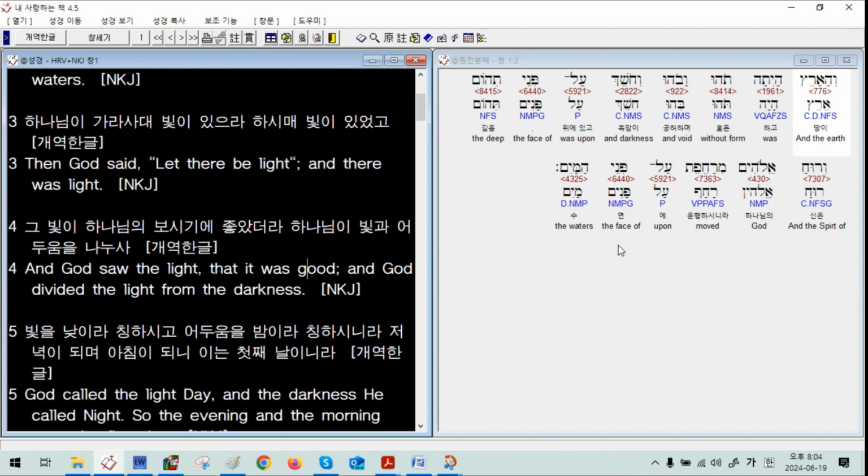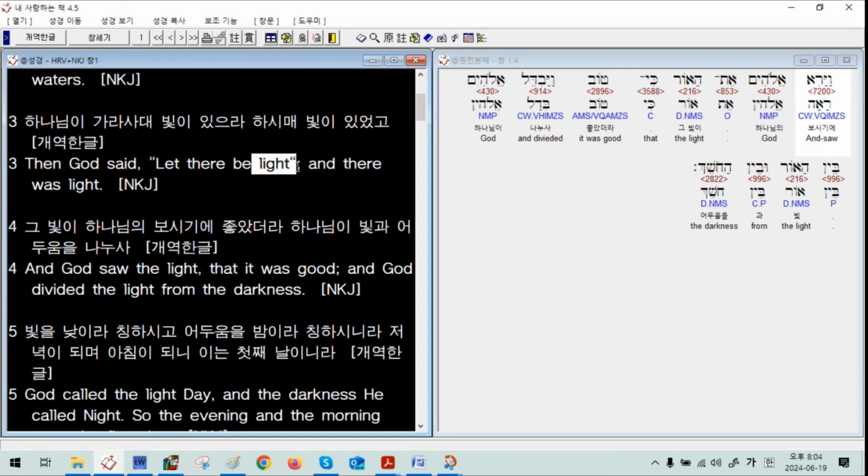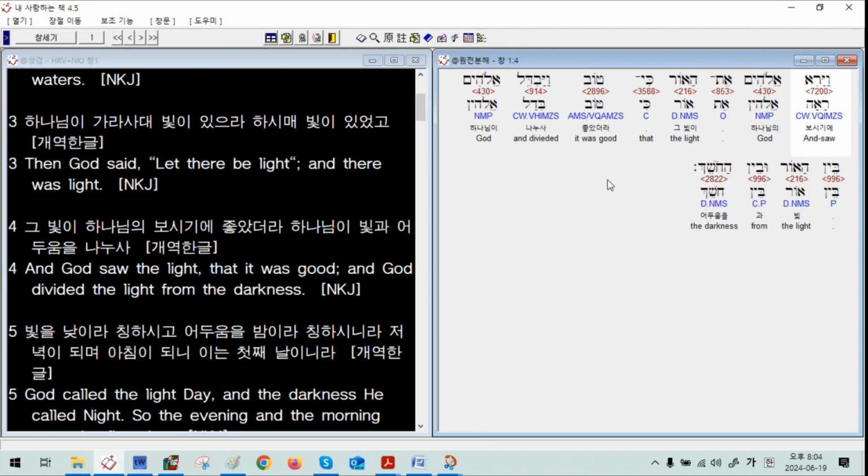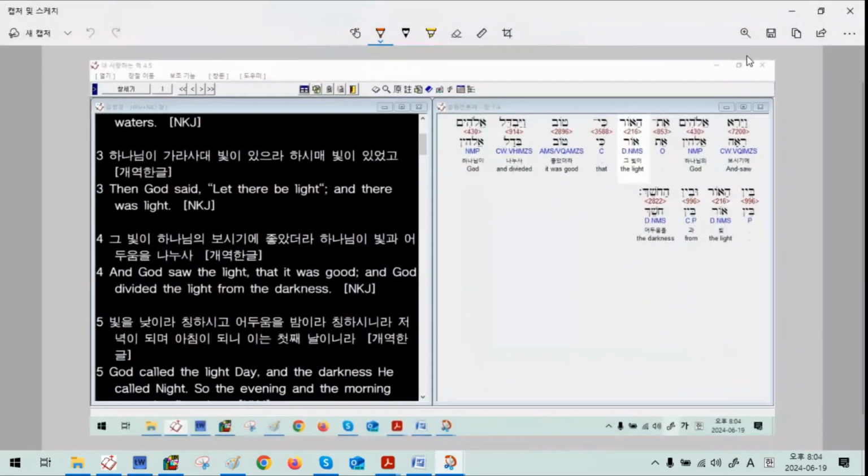So when we're looking at verse 4 here, light begins, which is the light in imperfect status. So verse 4 is talking about the light process. You see here.